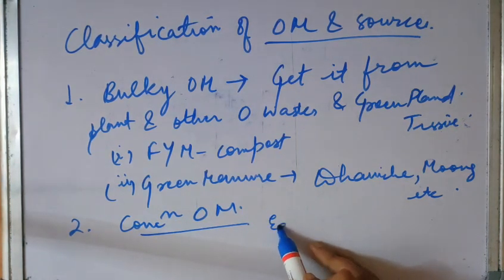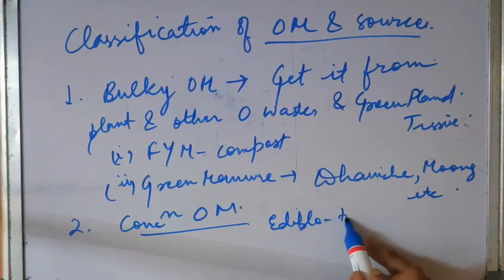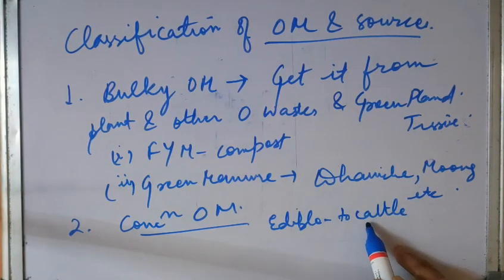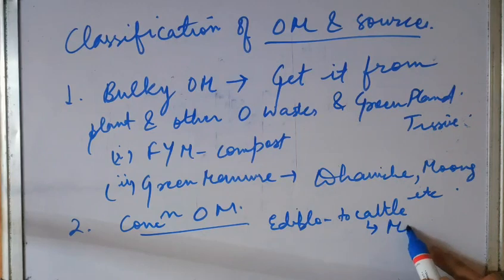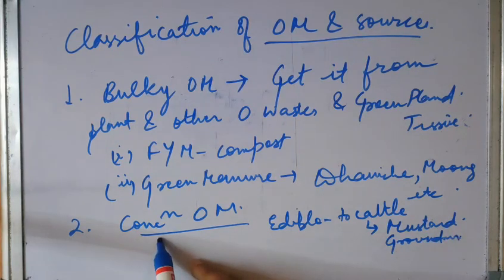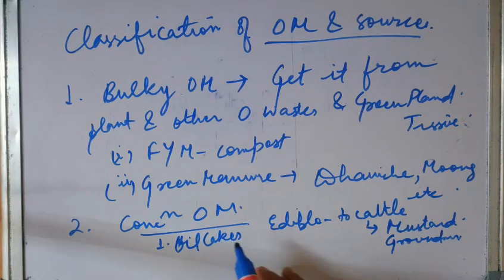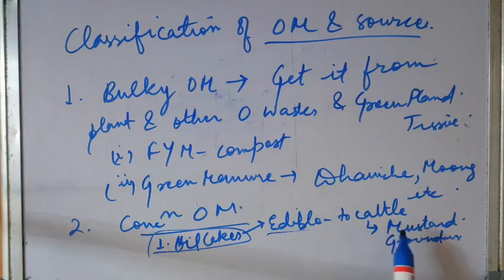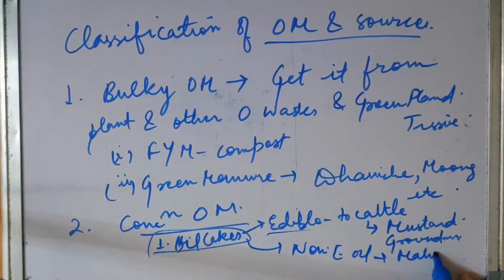These are edible to cattle. Example: mustard, groundnut. Number one is oil cakes, and oil cakes are of two types. Edible oil cakes are mustard and groundnut, and non-edible oil cakes are mahua, neem.